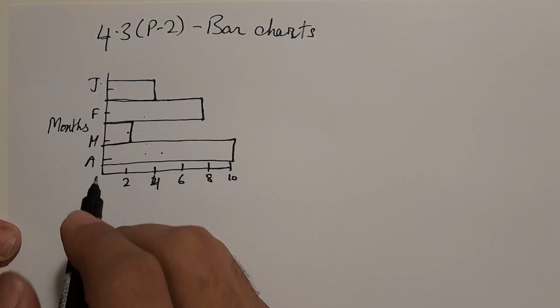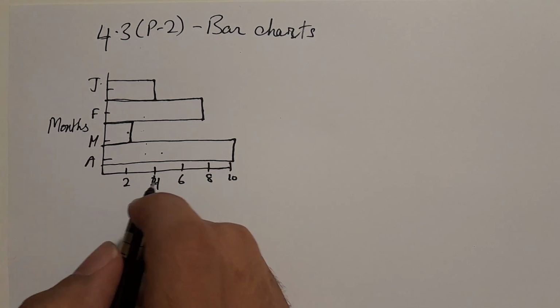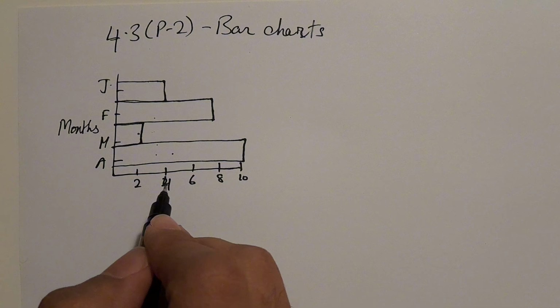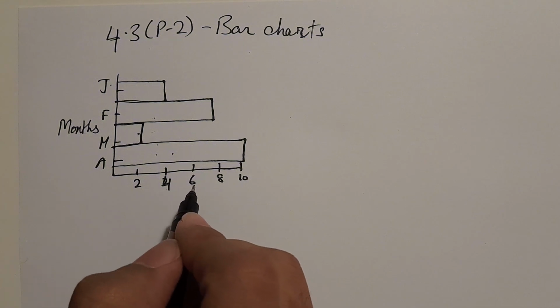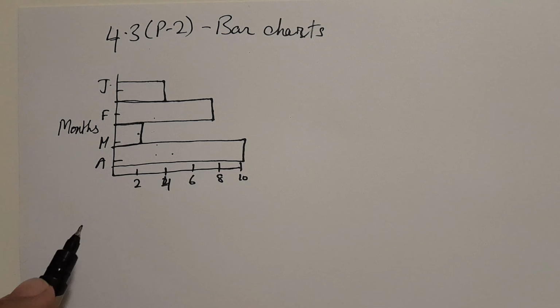So this means that in April it rained on most of the days, or in April there were more days that it rained as compared to January, February and March. So this can be an easy indicator and an easy measurement of seeing how the performance was, or any other type of measurement that you're using.